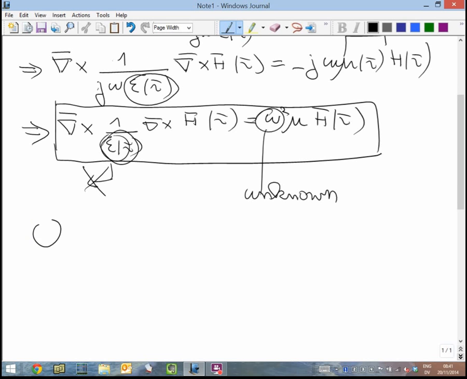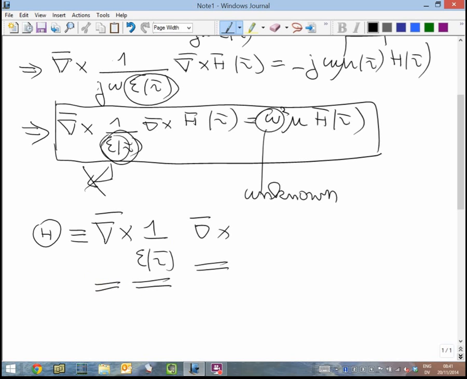And to make this equation a little bit more compact, we will be introducing an operator capital theta, which will be defined as follows: curl 1 over epsilon of r curl. And that's an operator. What does this operator do? Well, it first takes the curl of a certain vector field, then it divides by epsilon, and then it takes the curl again.